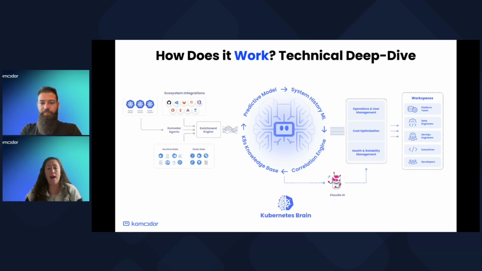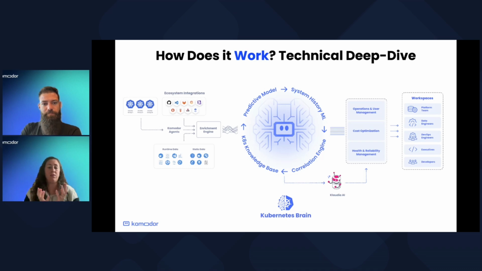So there we have a loop that keeps on running, that analyzes all the history using machine learning, does all the correlations using our correlation engine, takes into consideration the Kubernetes knowledge base that we already have, and we also have a predictive model that can help us optimize future cases of things that are happening within your cluster.